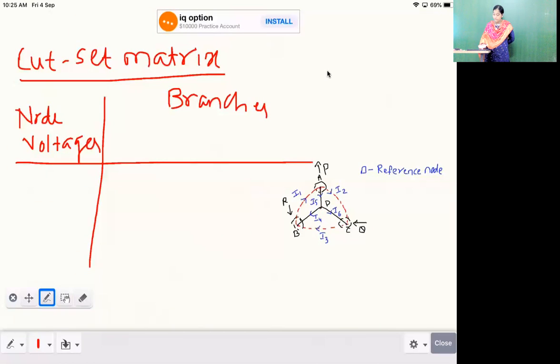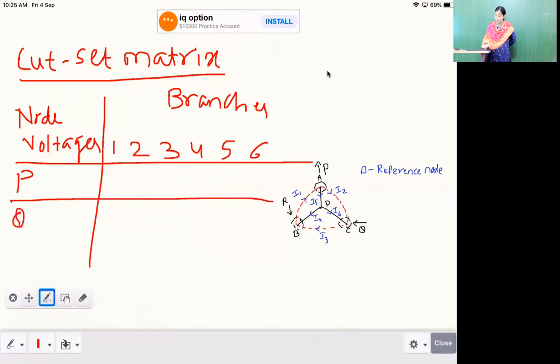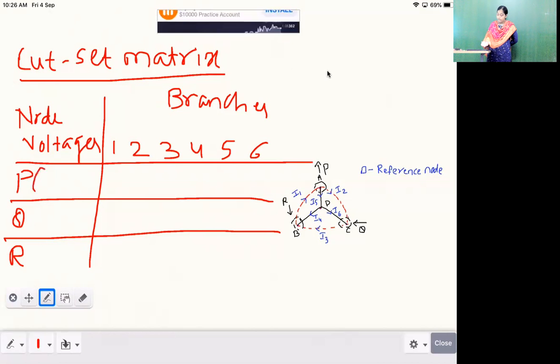So I am having 1, 2, 3, 4, 5, 6 branches. Now, what are my nodes? I have to take the reference, the new node names that I have written. So let me name them P, then Q, and then R. Now let me write down for P what are the branches and links associated.